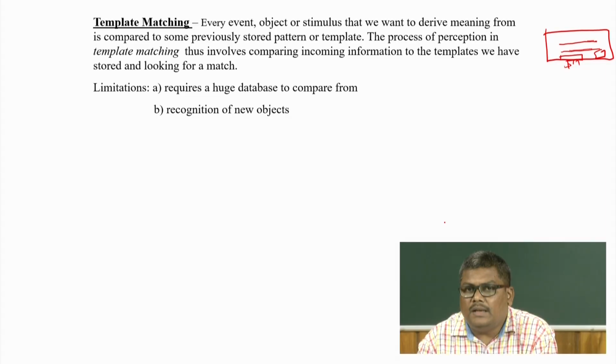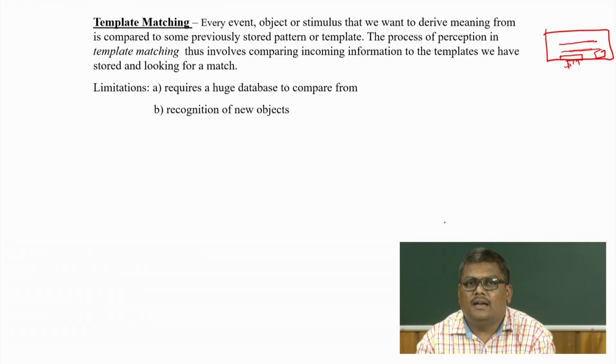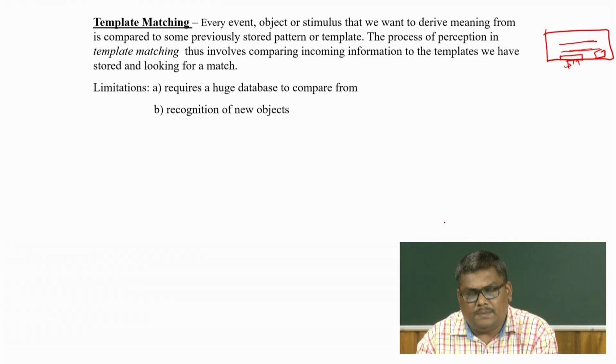So, this model lacks a particular gain over other models. Also, when a new image or new object comes into the perceptual field, how does the template matching model account for that?